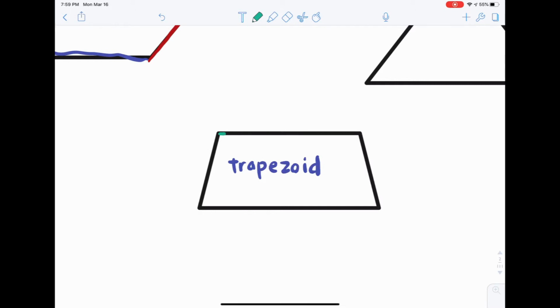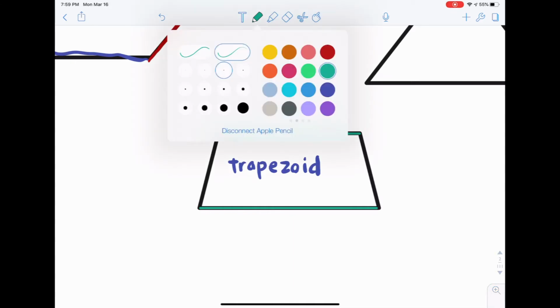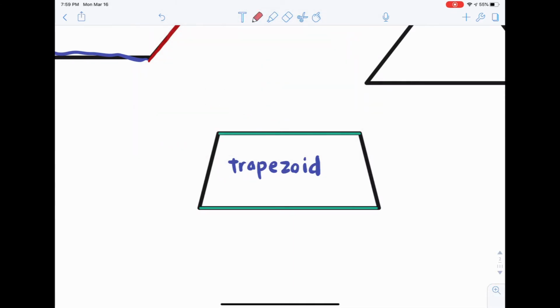As you can see, the top and the bottom are parallel to each other. The top and the bottom are going in the exact same direction. They will never touch. However, the left and the right hand sides are not the same. They're not the same size. They're also not parallel. Also, as you can see, the top and the bottom are not the same size. This is a trapezoid.